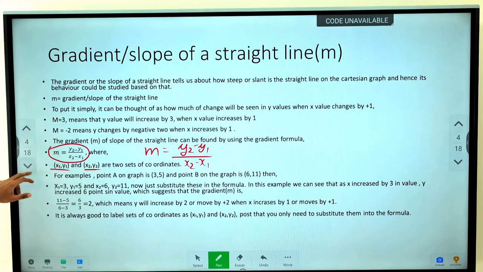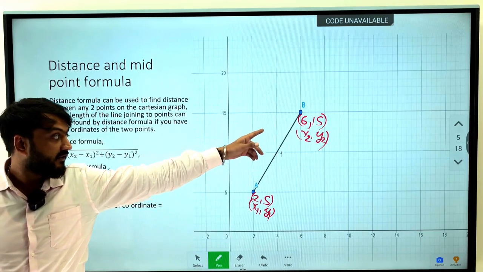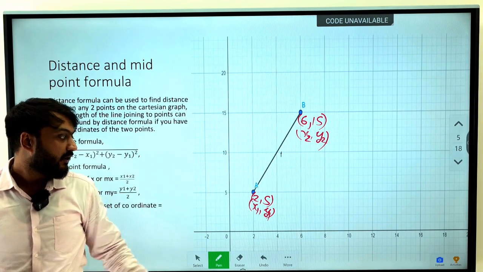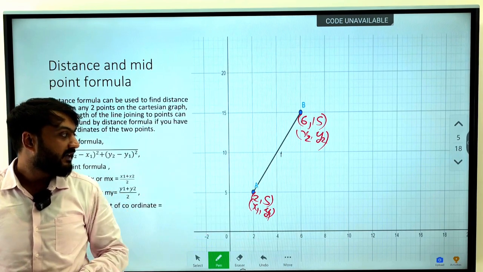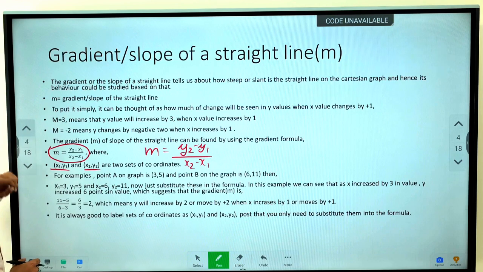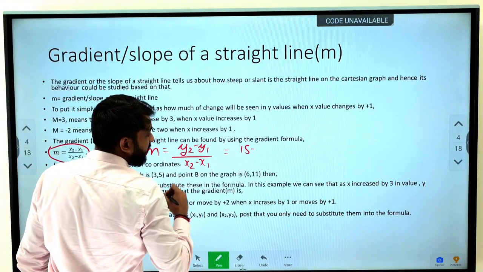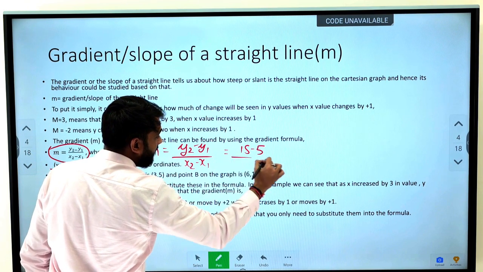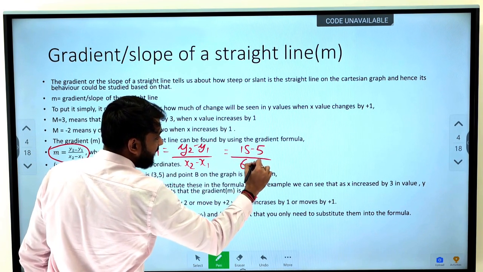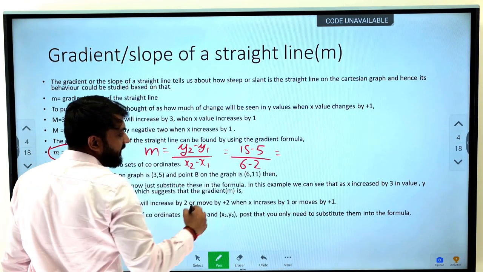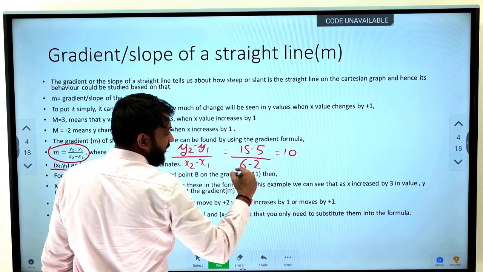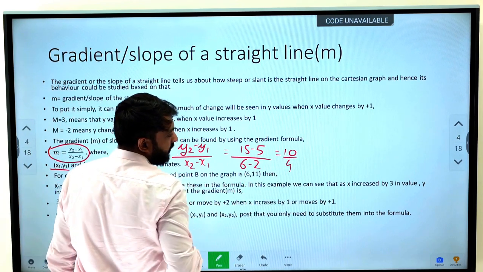If you know your values, here I can see y2 being 15, x2 being 6, y1 being 5, x1 being 2. All I'll do is I'll substitute these values, y2 being 15, y1 being 5, x2 being 6, x1 being 2. 15 minus 5 gives me 10, 6 minus 2 gives me 4.